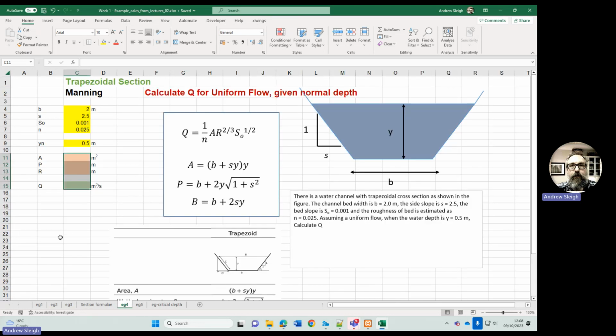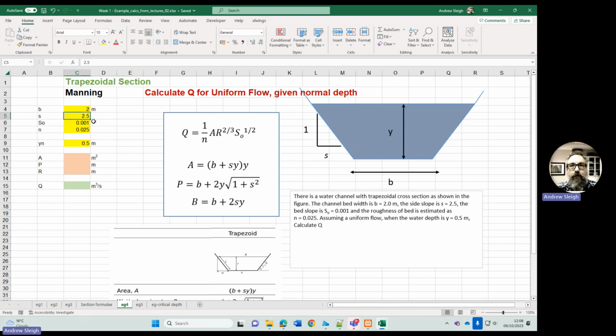Let's have a look at an example with a trapezoidal channel. So we've got the bottom width 2, we've got the side slope 2.5. Now this is how I define the side slope. So it's 1 in the vertical and however many s in the horizontal. So s divided by 1 would be 2.5.